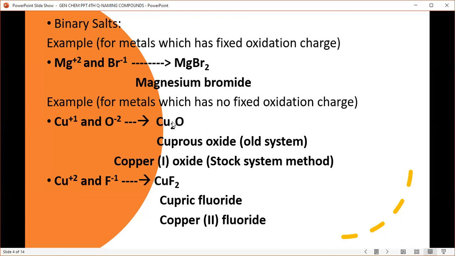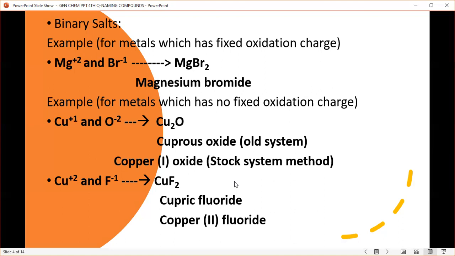Which means that the 2 subscript of copper here is originally the oxidation number of oxygen, and the 1 here of oxygen is originally the oxidation charge of copper. So it will indicate to us that the original oxidation number of copper is 1, and we have ox, which is the stem of the second element, and just simply add the suffix ide. That's going to be copper(I) oxide. So this is known as the stock system method.